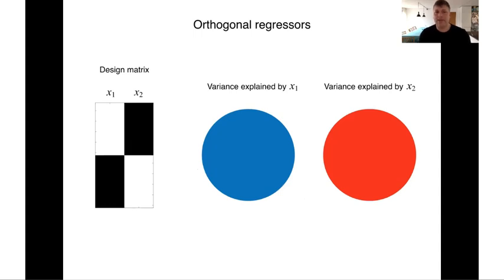So let's look at the example of orthogonal regressors. So usually we would have designs that have orthogonal regressors, meaning that the correlation between x1 and x2 for this design, which is a 2-sample t-test, the regressors are orthogonal, so that there's no shared variance between the parameter estimates estimated by this model.